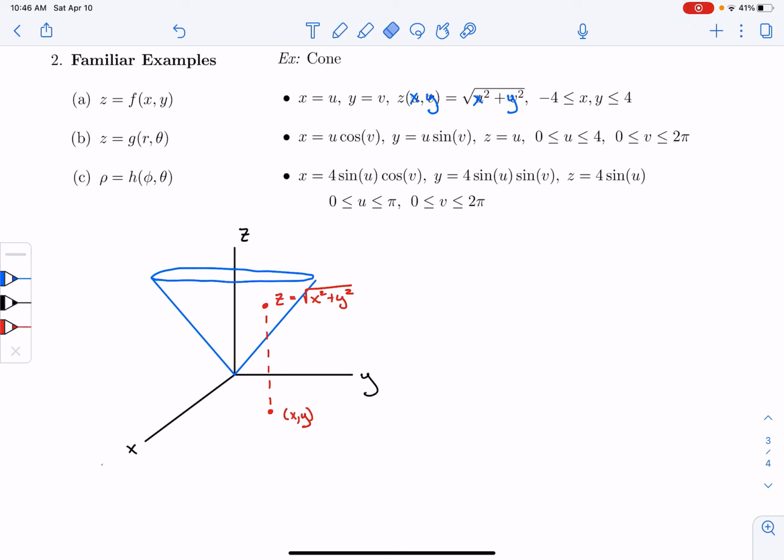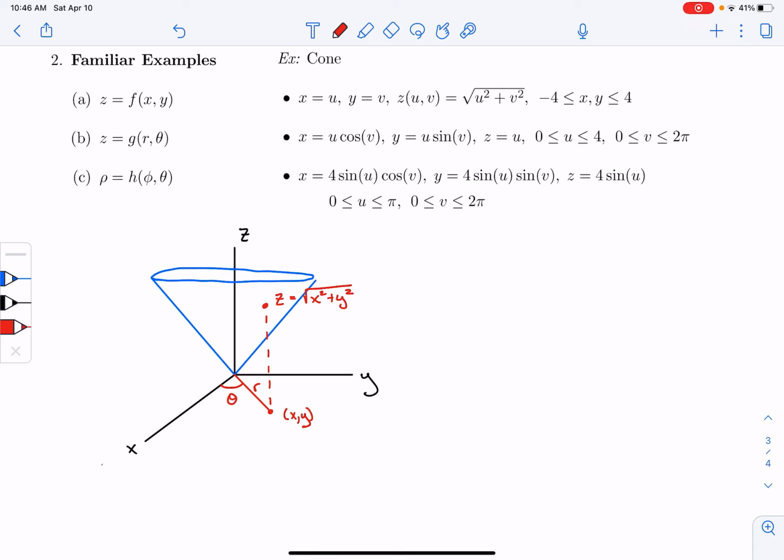We could describe a cone using polar coordinates. So we could think of the point xy as being some distance r from the origin at an angle of theta.